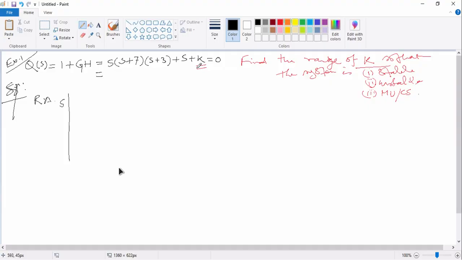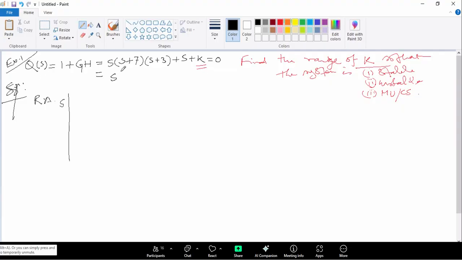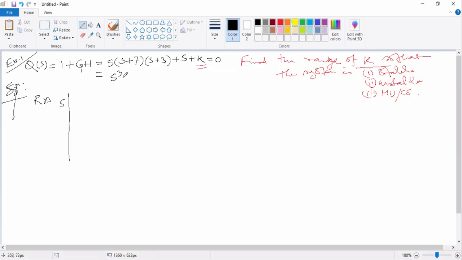Q is equal to what? Can you tell me s to the power what? At least one person in the class should answer. s cube plus 3s squared, s to the power 3. Good. s cube plus 3s squared, right? Okay, then what?